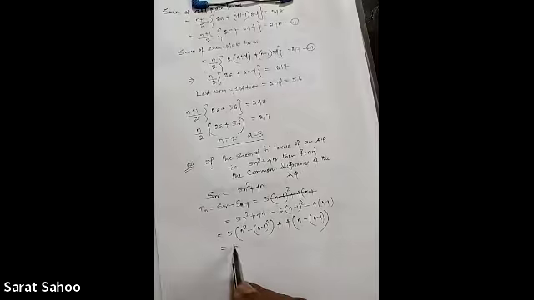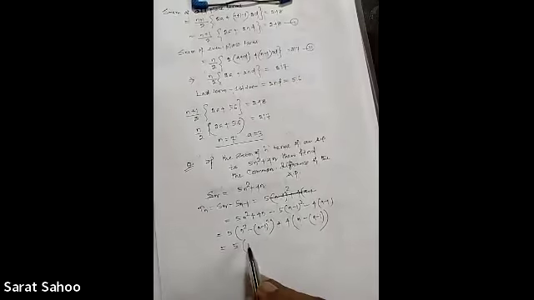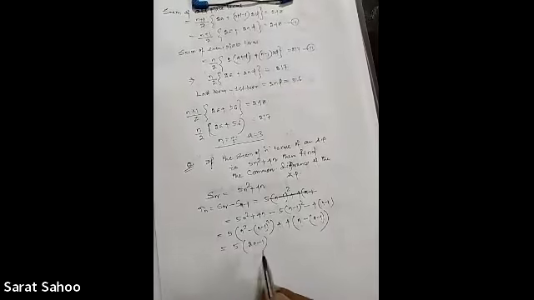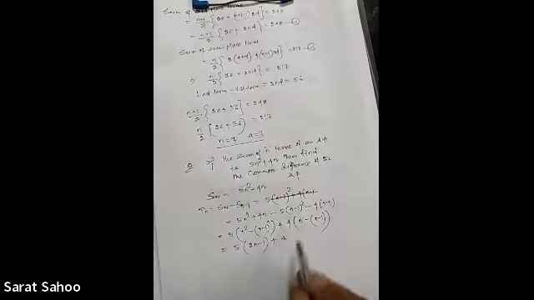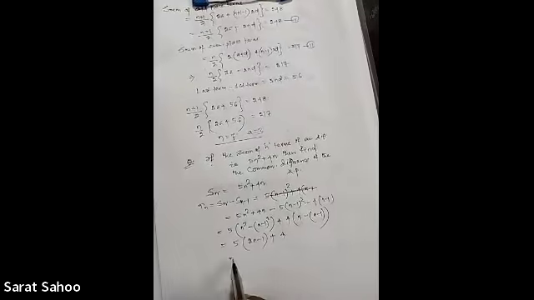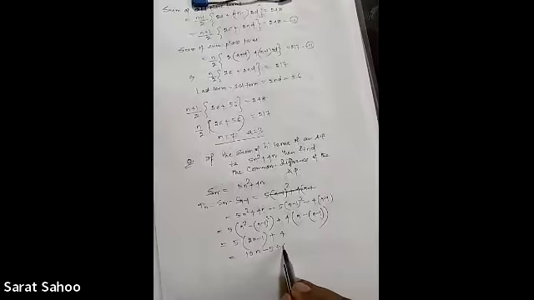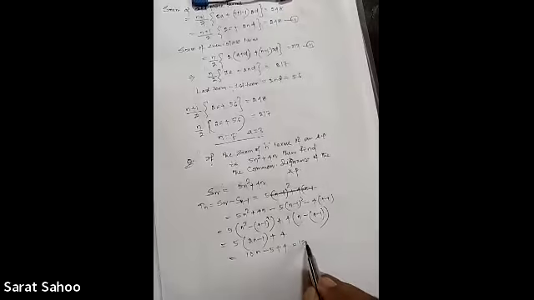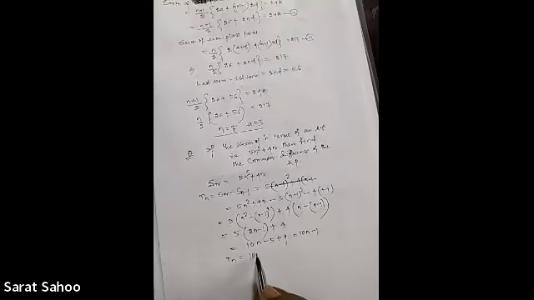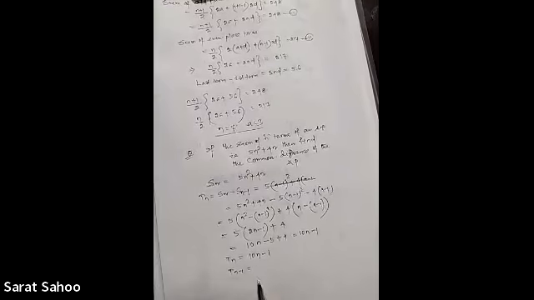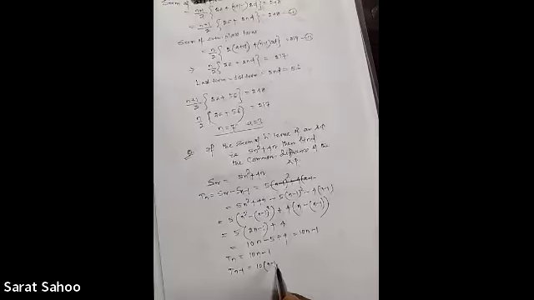So 5 into a square minus b square, that is (a plus b) into (a minus b). That is 2n minus 1 plus 4 into 1. So 10n minus 5 plus 4, which is equal to 10n minus 1. So Tn is equal to 10n minus 1. T(n minus 1) will be 10 into (n minus 1) minus 1.